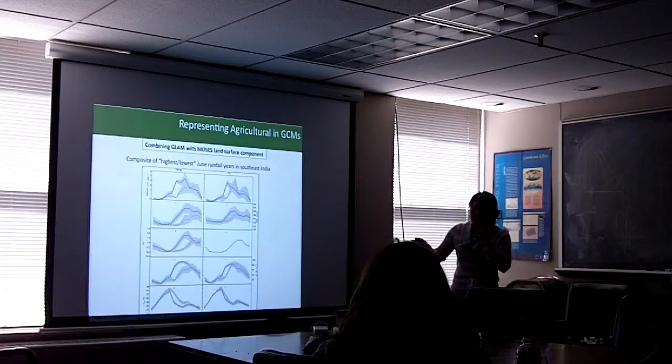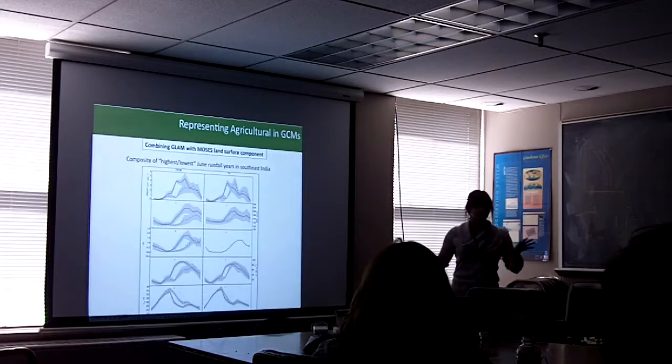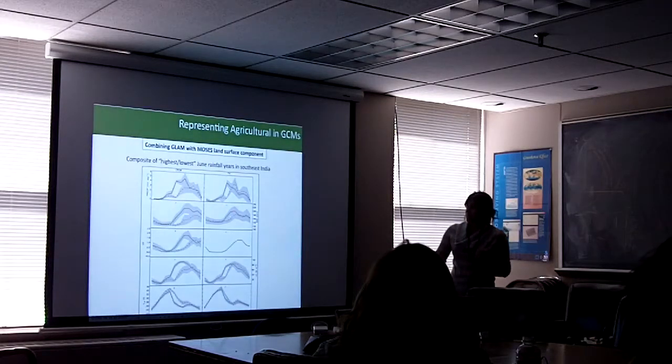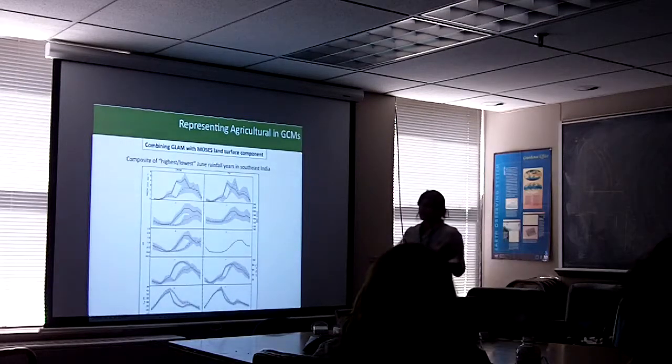The highest years are in the bold line, the lowest rainfall years the dashed line. They compared it for the simulation using the climate crop coupled model and the simulation without the dynamic crop model included. You can see the differences between the highest and lowest years are quite different between these two ensembles.